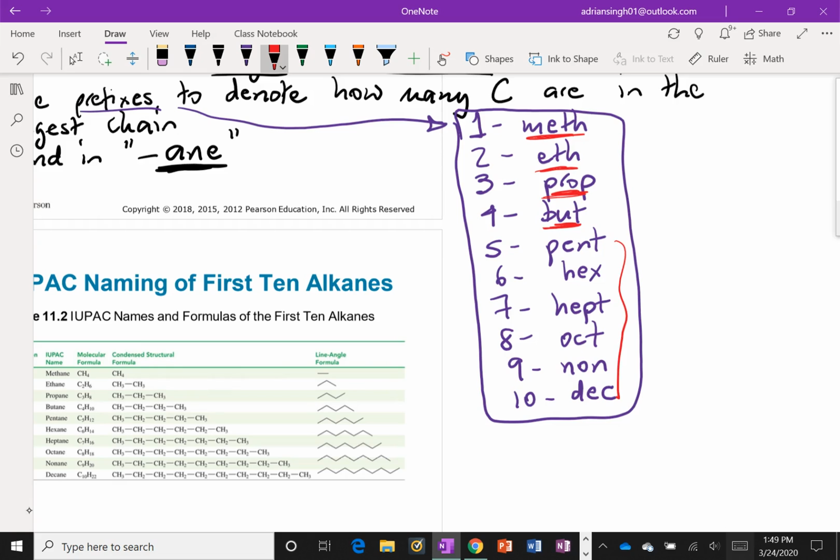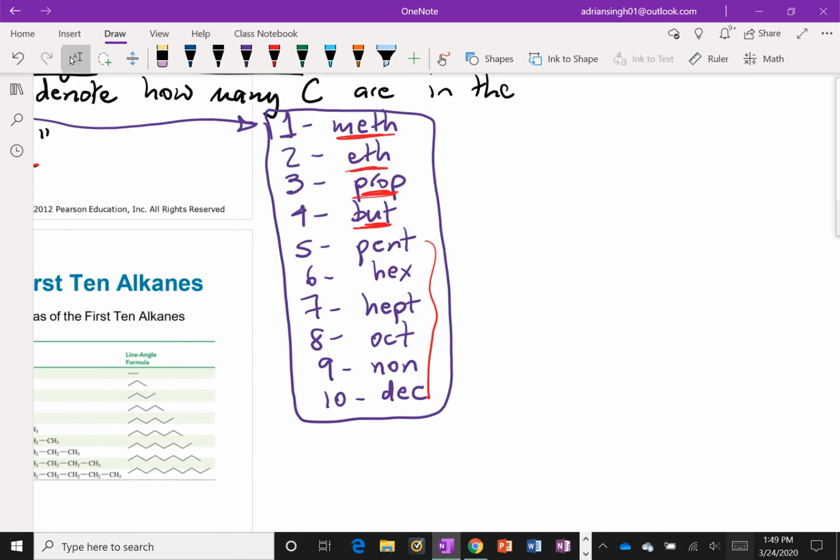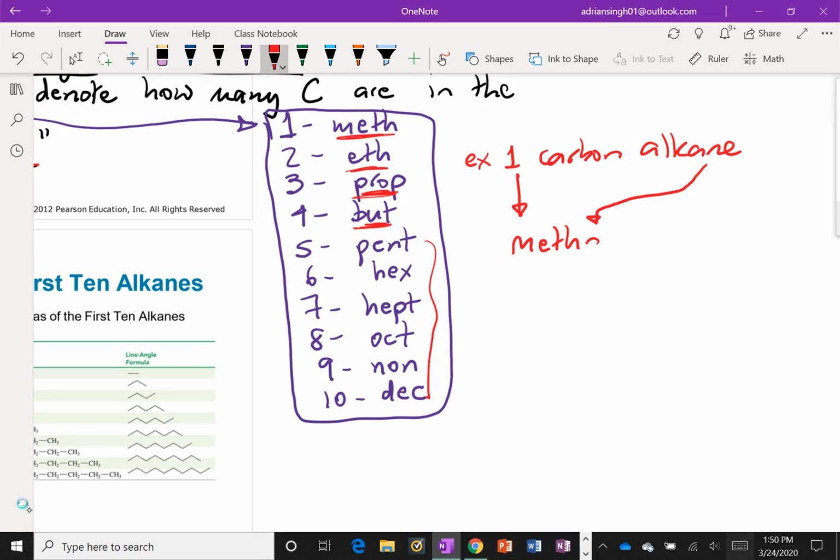So those are prefixes that are going to tell us how many carbons are in the longest chain, and the ending for your alkane is going to be ANE. So for instance, if I have a 1 carbon alkane, well, the prefix for 1 is meth, and then because it's an alkane, it's going to have that ANE ending, right? And it's that simple.